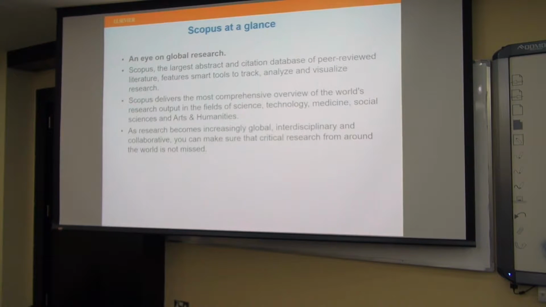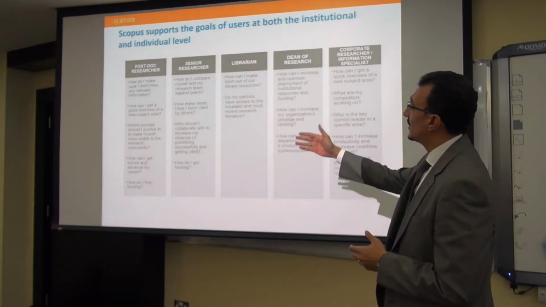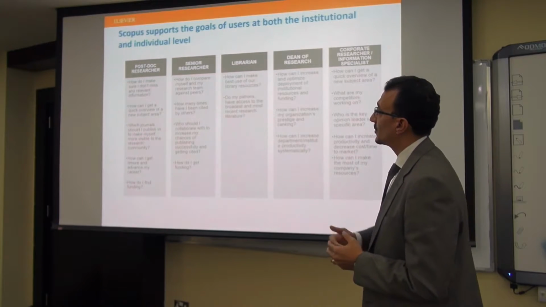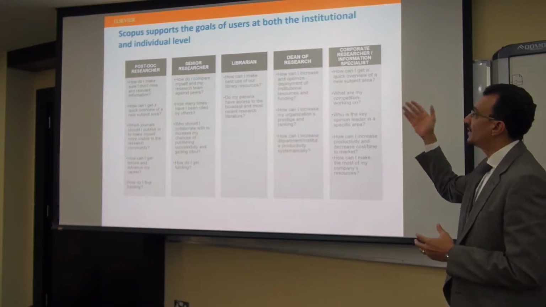It covers the whole world, as well as around 40 local languages, so it's not only English language records. Scopus supports us in our different roles: the postdoctoral researchers, the senior researchers, librarians, and deans of research.